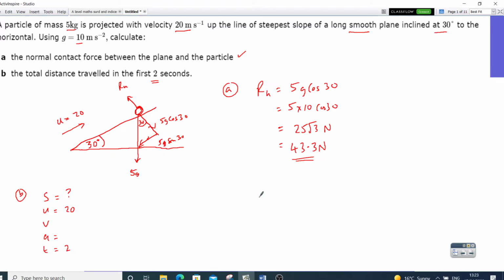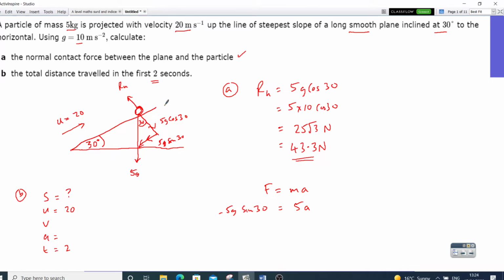So let's have a look at the acceleration first of all. Well, force equals mass times acceleration. The mass is 5, so that's going to be 5a, and the only force acting here, well, it's acting against it because it's coming down as the particle is being shot up. That force is the gravitational force pulling it down, so that's going to be minus 5g sin 30.